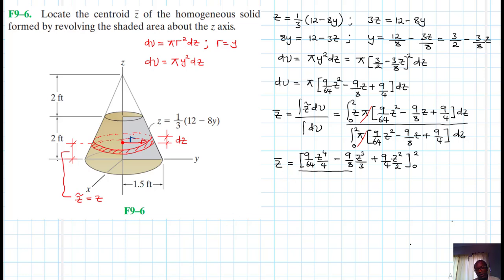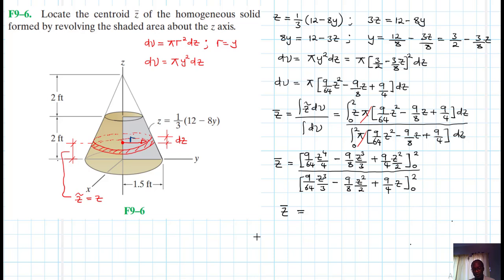So we divide this by the integral of the volume: 9 divided by 64 z cubed divided by 3, minus 9 over 8 z squared divided by 2, plus 9 divided by 4 z. Okay, so let's calculate.